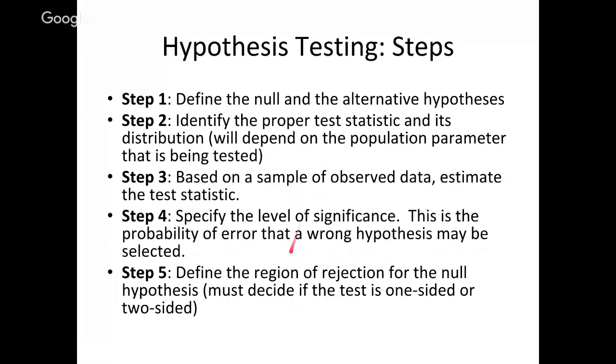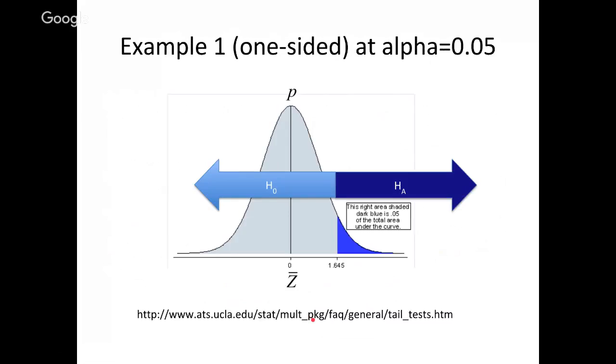Then we need to define the region of rejection for the null hypothesis, which comes back to whether the test is one-sided or two-sided. Let's think about the situation where we accept a probability of type 1 error, called alpha, equal to 0.05. So there's a 5% chance of a type 1 error, which is the case where our test statistic gives us a value out in this upper tail somewhere.